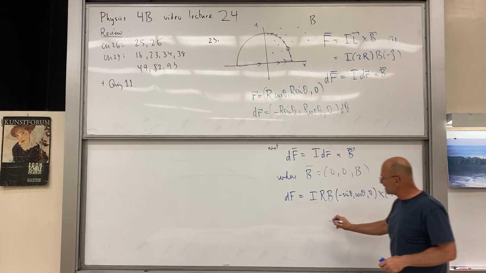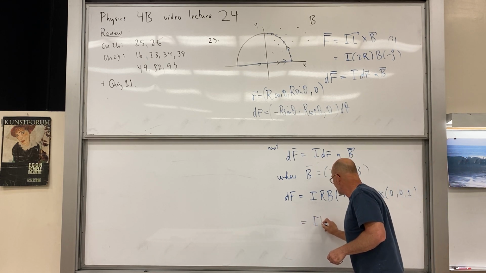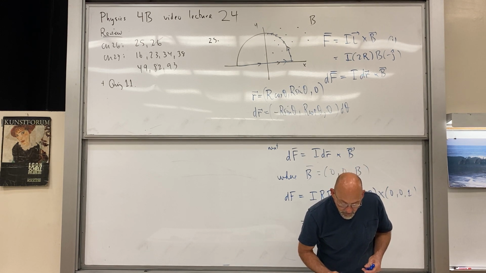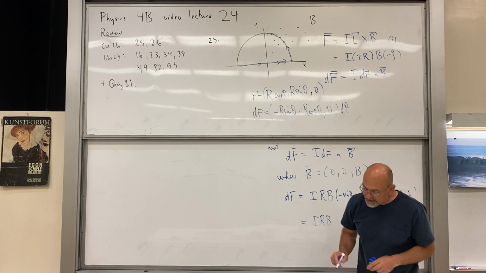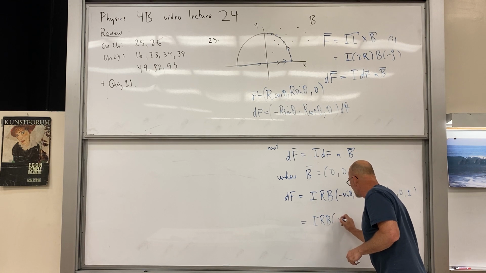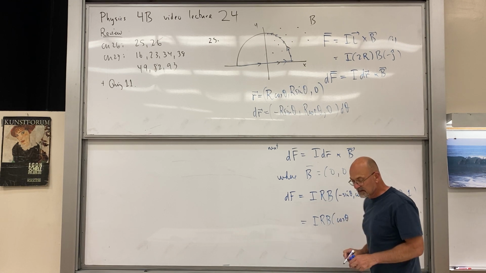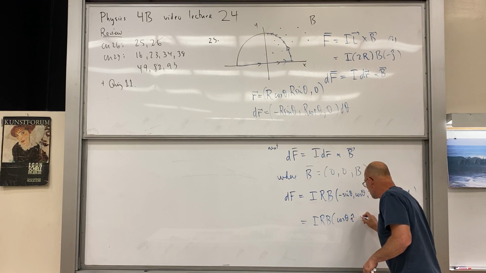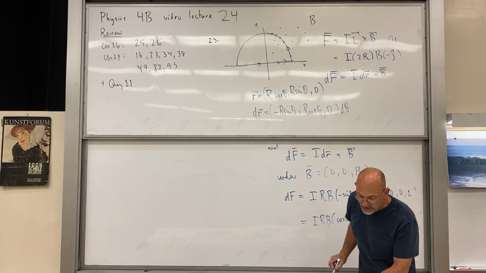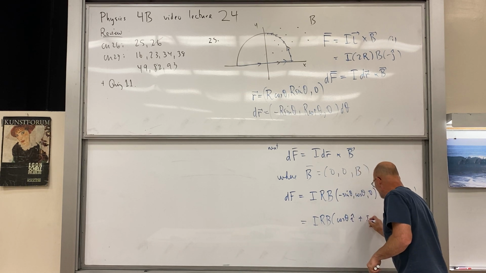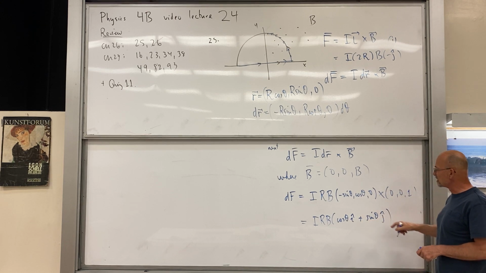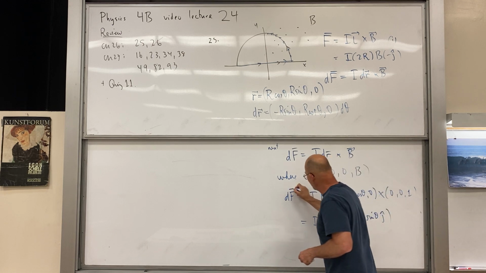So that cross product is going to give us I r B times cos theta i hat plus sine theta j hat. Okay, so those are the two vectors i hat and j hat, and this is an integral.